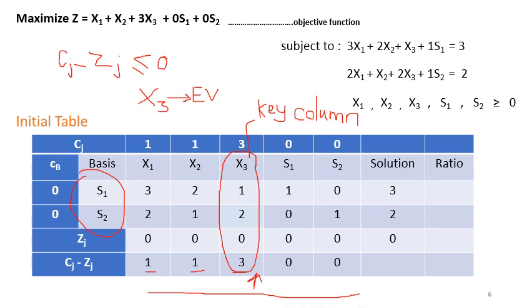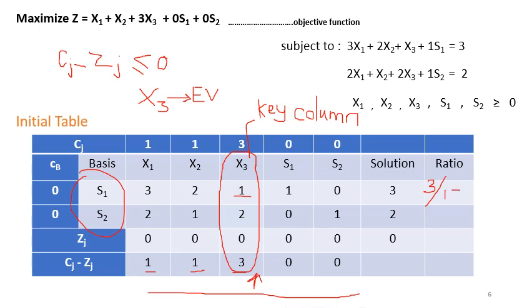The ratio for each row now, for this particular row where we have S1, this first row, will be this solution value, which is 3, divided by the key column element, the element corresponding to the key column in that particular row. The element in the key column in that row is 1. So 3 by 1 will be 3.